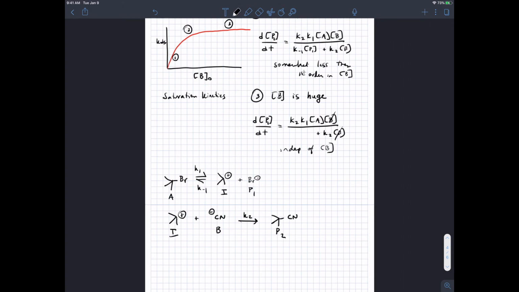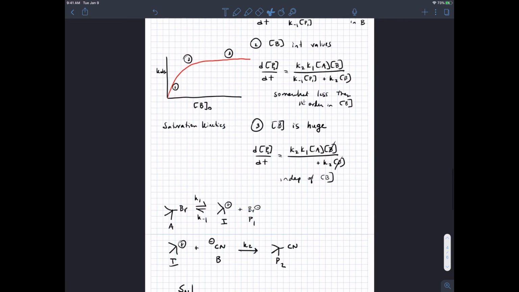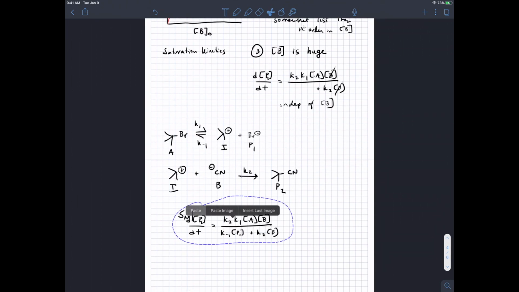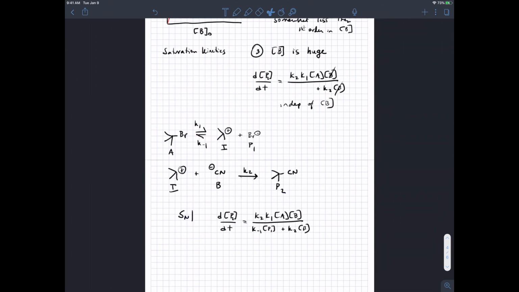Okay, so in the case of the SN1 reaction, the expression that we derived up above should be our rate law, okay?